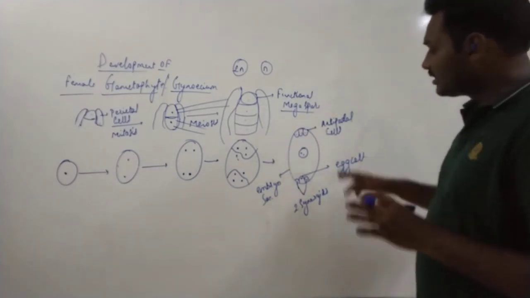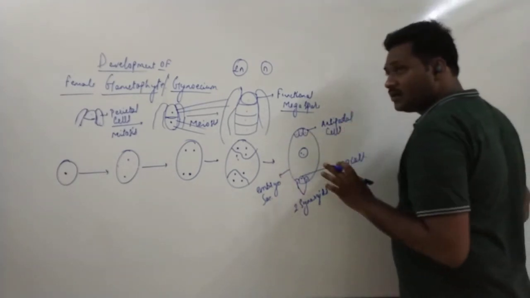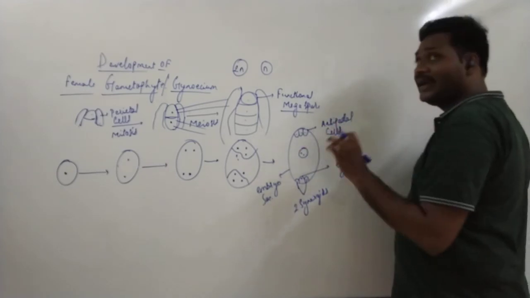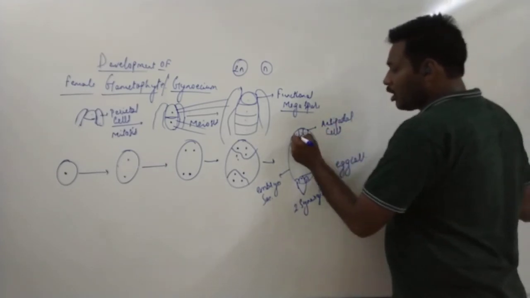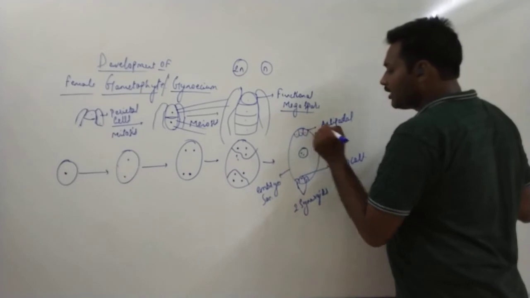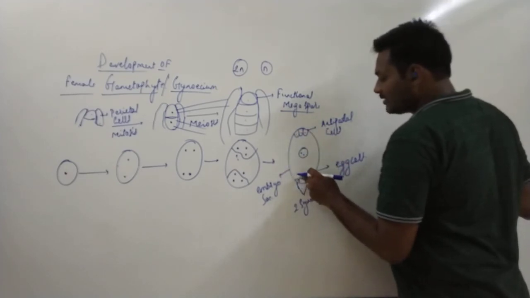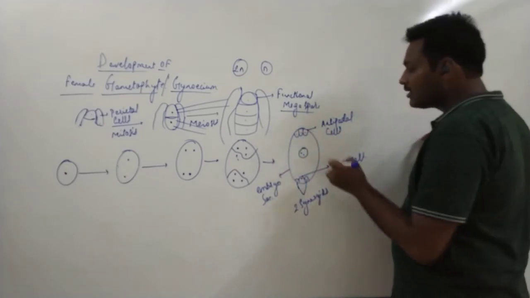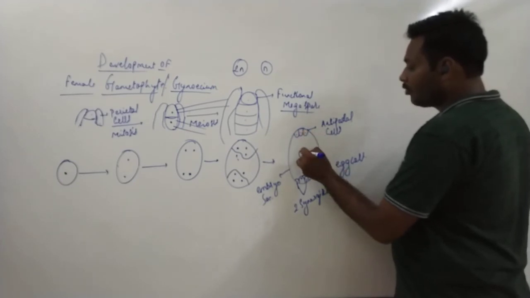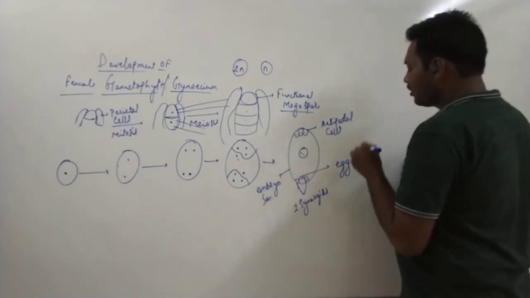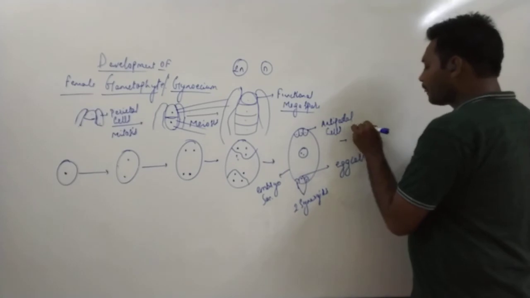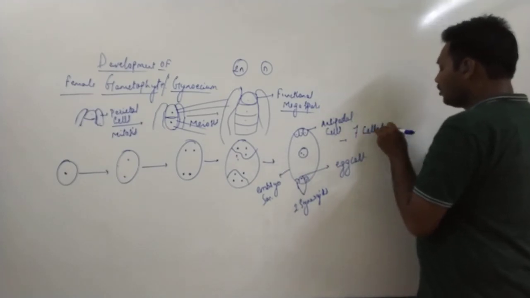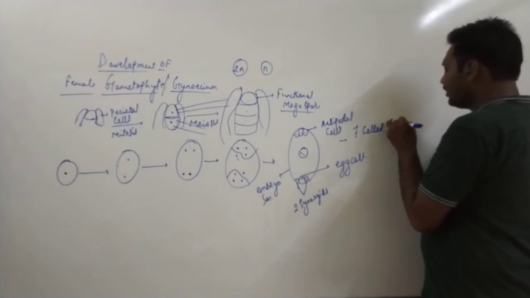Such a structure is referred to as 7 cell 8 nucleate. See how many cells there are: 1, 2, 3, 4, 5, 6, 7. And nuclei: 1, 2, 3, 4, 5, 6, 7, 8. So such a structure is referred to as the 7 cell 8 nucleate.